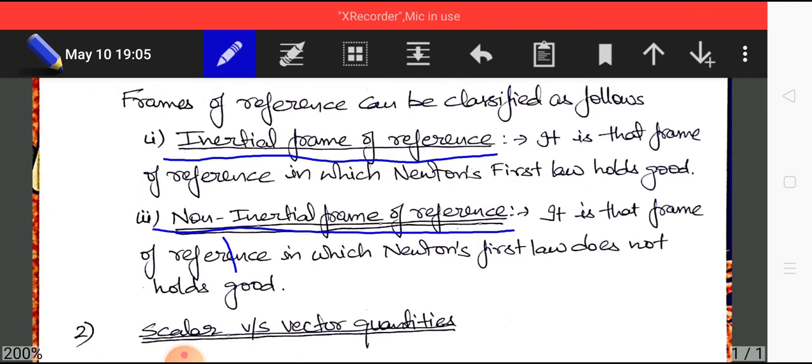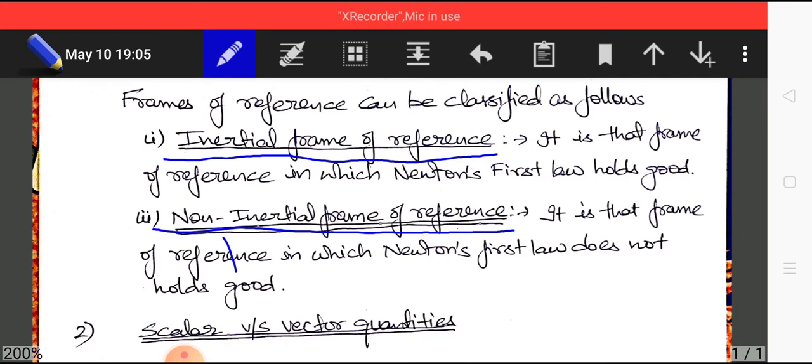Either the frame is stationary or the frame is moving with constant velocity, because if the frame is accelerating, then all the objects considered in that frame must experience a force in backward direction which will accelerate them, and we cannot apply Newton's first law in such a frame of reference.